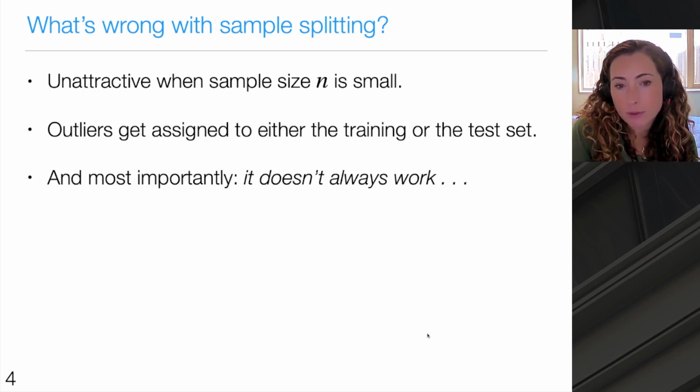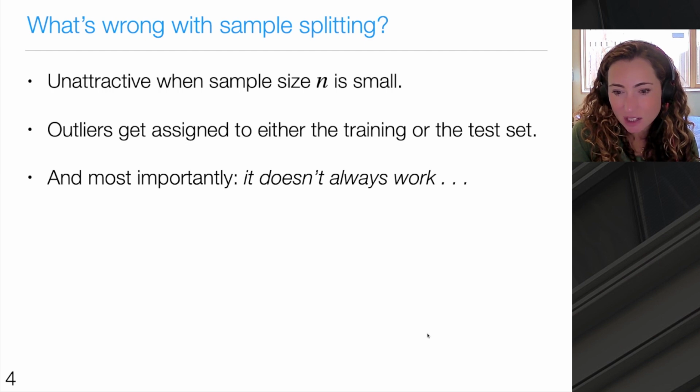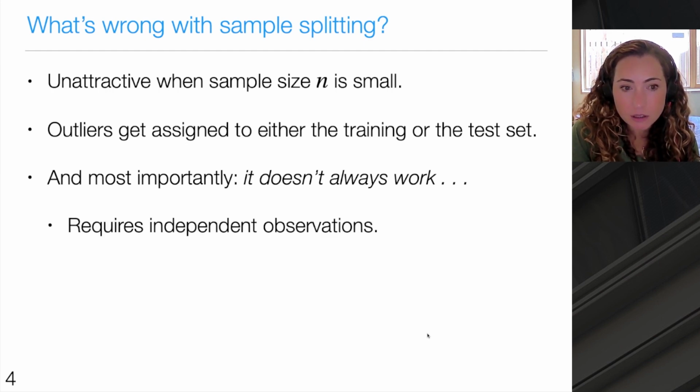Most importantly, from my perspective, sample splitting doesn't always work. There are settings in which sample splitting is just not applicable. One immediate way to see this is that we need the observations to be independent. To guarantee that my training and test sets are independent, we need the observations themselves to be independent, and that might not be the case, for example, for time series data or for data with spatial dependence.